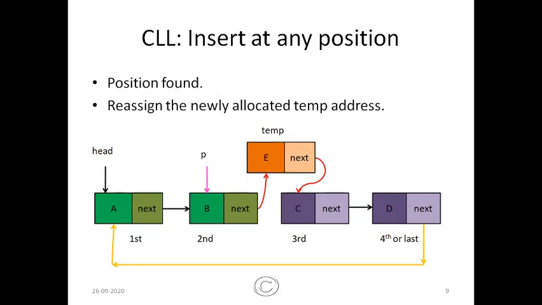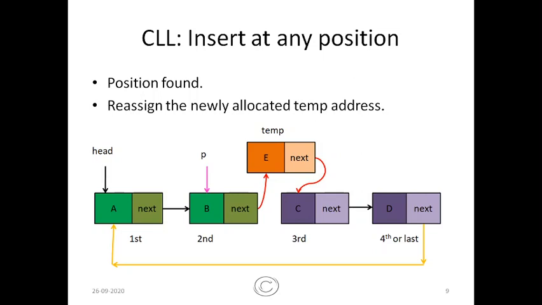We reassign the newly allocated temp address. Temp next will be P's next of next. P is the current position where the B node is, so P contains B's address, and P next of next is C.